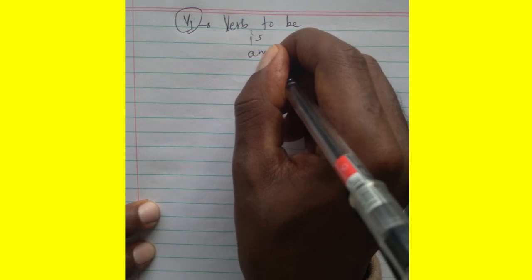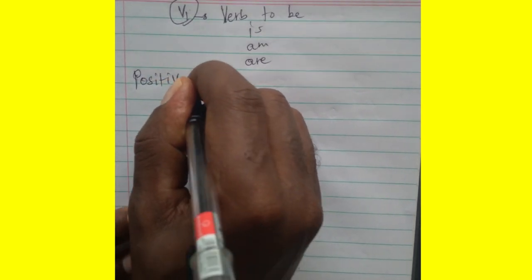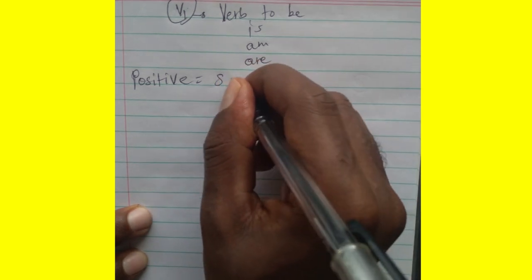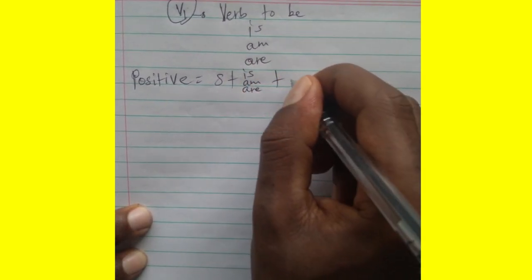When the verb one is helping verb or verb to be, like is, are, the positive structure of simple present tense is subject plus is, are plus object.